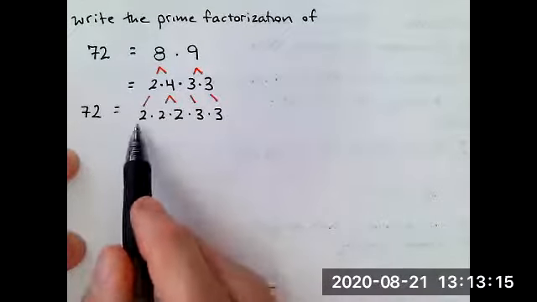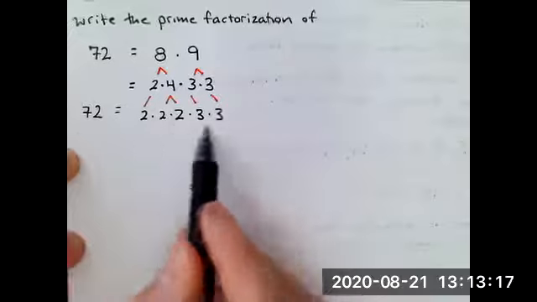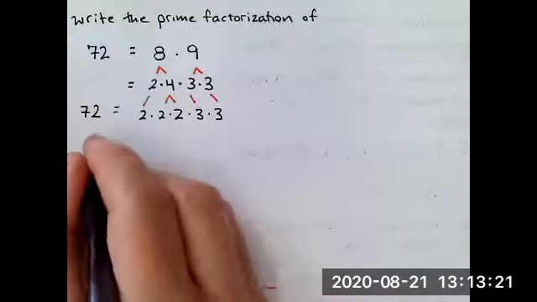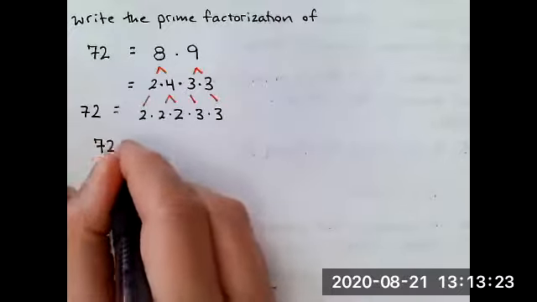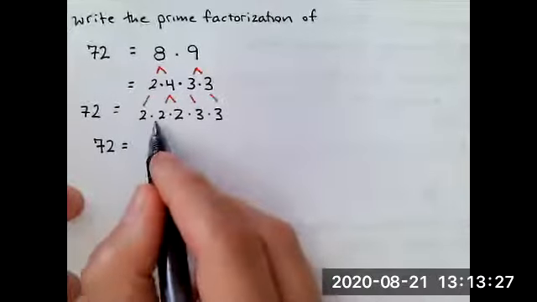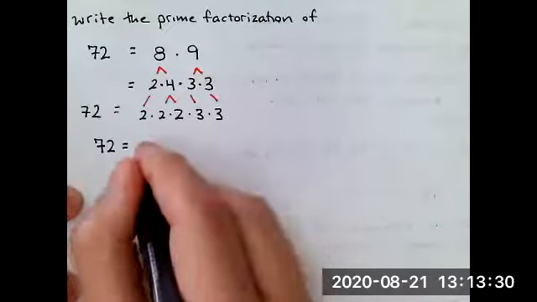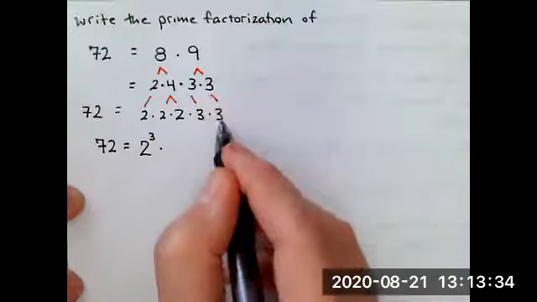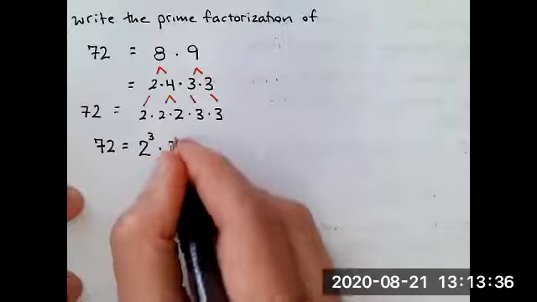And you can also check by multiplying them all out in a calculator. See if you get 72. And then, because you want your math to be elegant, let's write it with exponents. 2 multiplied by itself 3 times is 2 to the third. 3 times 3 is 3 squared.